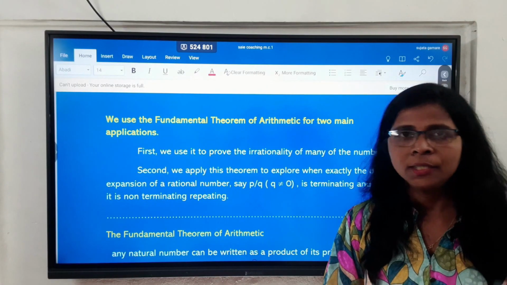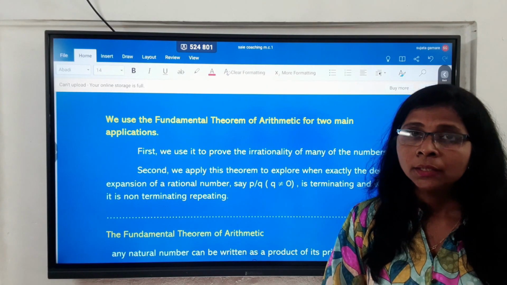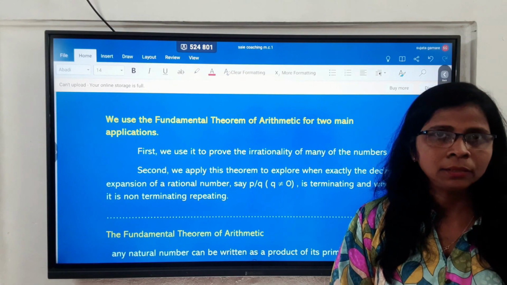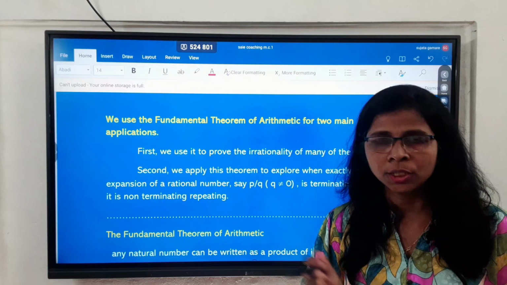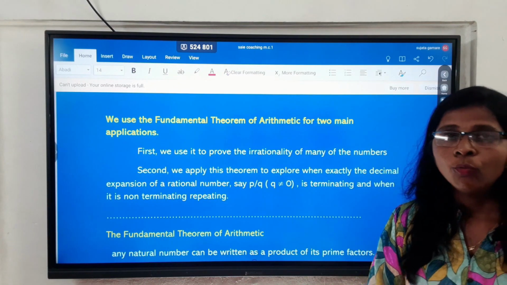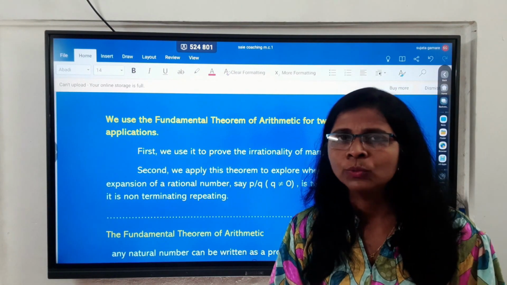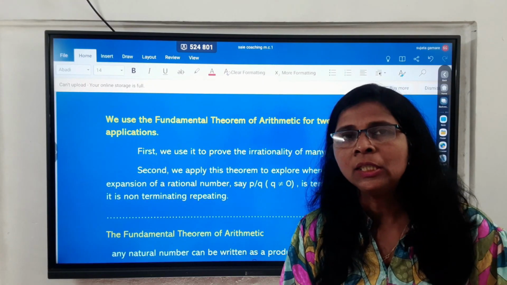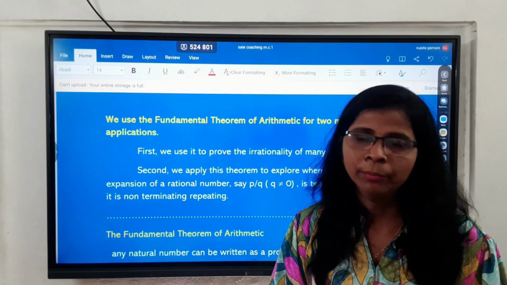Suppose there is a number, and that number is either a rational or an irrational number. So we can prove the irrationality of this given number.